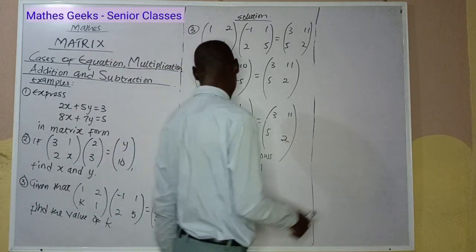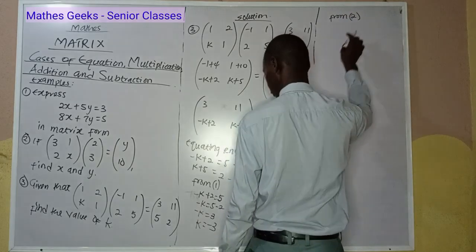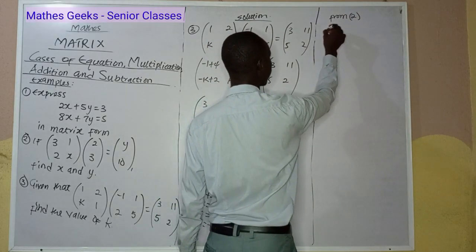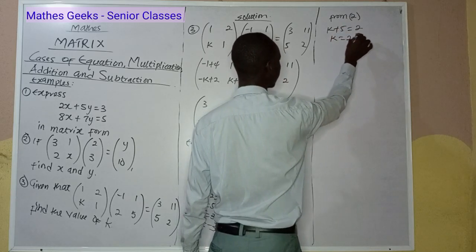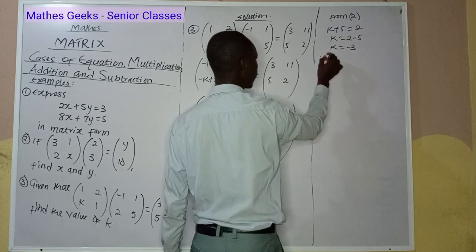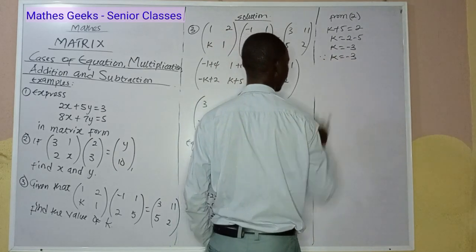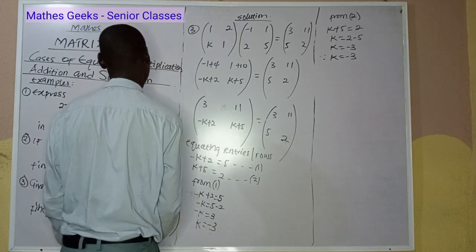Let's see what equation 2 will give us. So from 2, k plus 5 is equal to 2, k is equal to 2 minus 5, k is equal to minus 3. So therefore k is equal to minus 3, the same thing, and that's how it's supposed to be. So that's the answer.